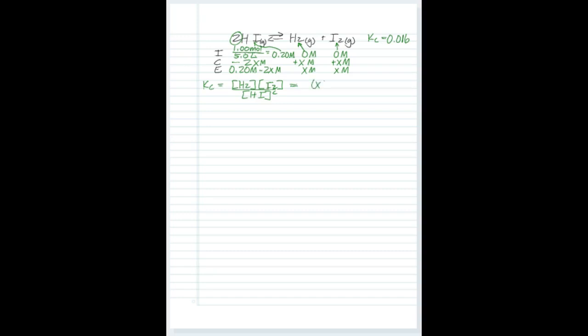So this is X times X. I'm going to leave units out just to simplify what I'm writing down. And this is 0.2 minus 2X, right? This simplifies to X squared over 0.